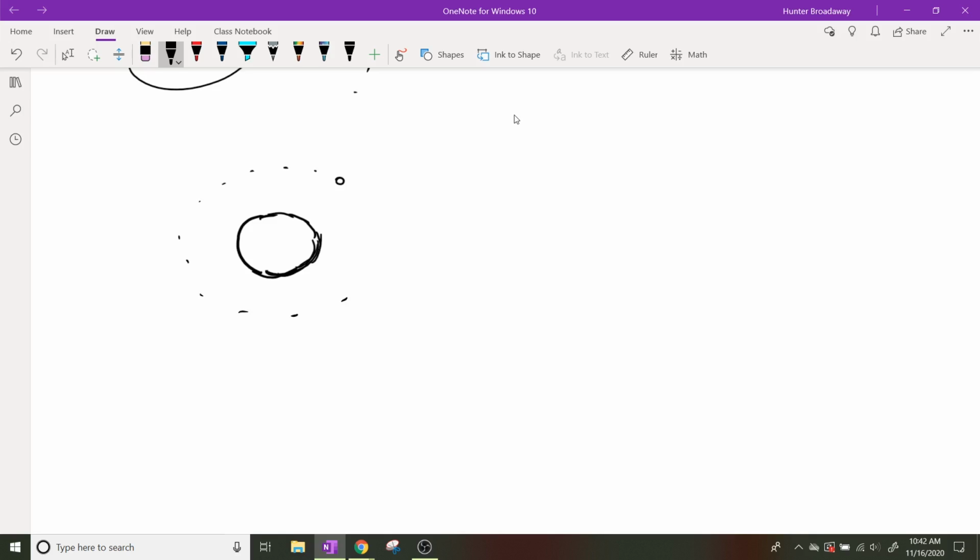Object number two is going to be twice as far away, so the distance from the center is twice as much. If this one is r, then the second radius is going to be 2r.